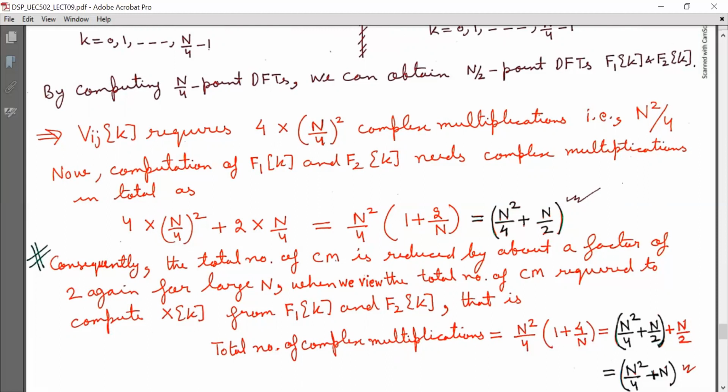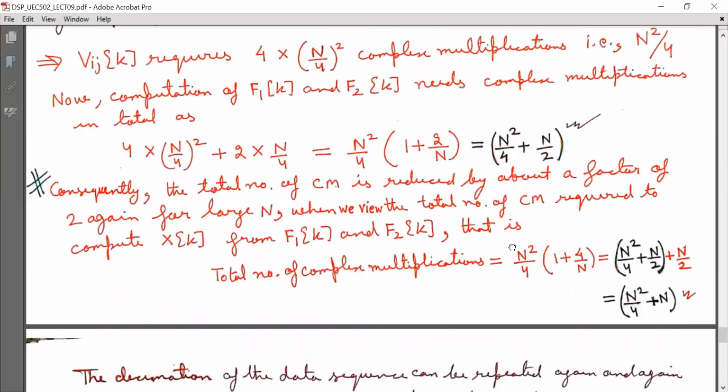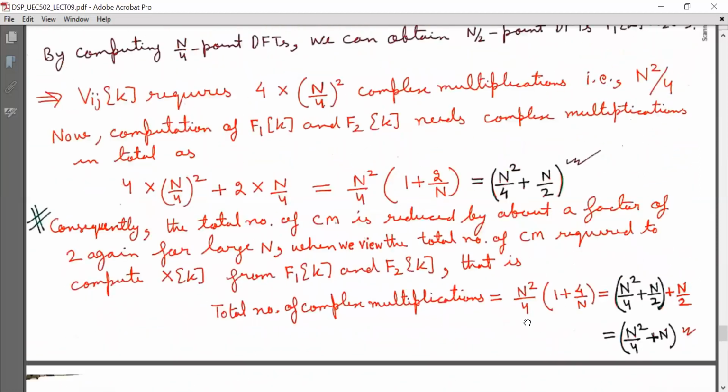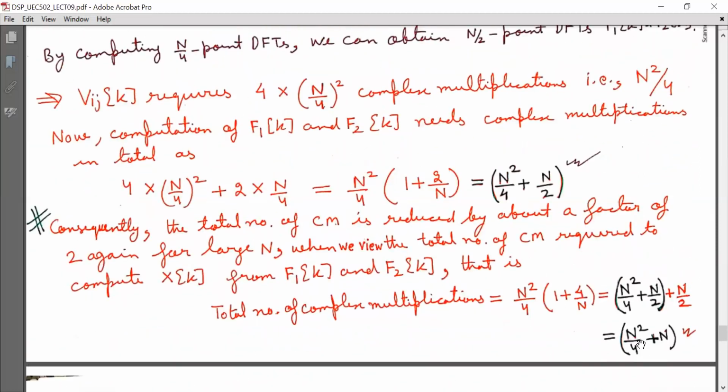This is n square by 4 plus n. So for large n, it is approximately n square by 4.